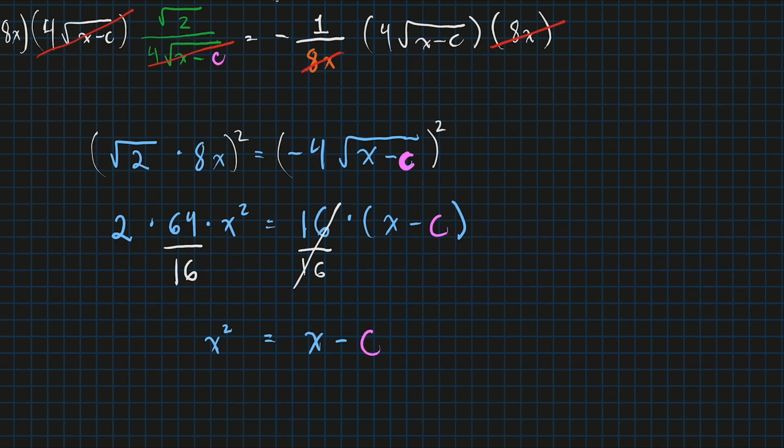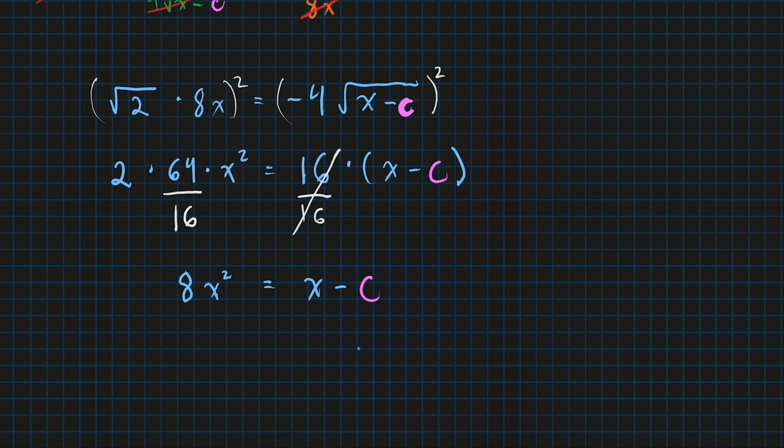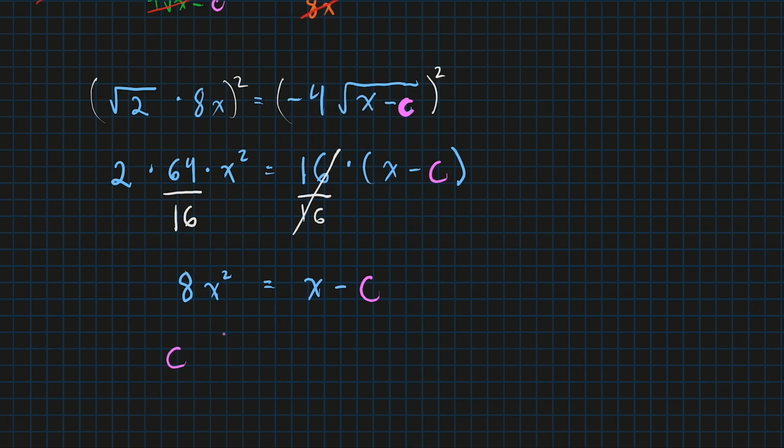And this 2 times 4 here is, of course, 8. Okay, if we do a little bit of rearranging and bring c to our left side and our 8x squared to our right side, we can say that c is equal to negative 8x squared plus x.